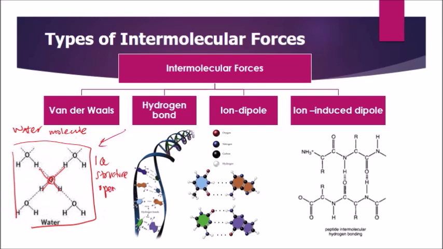Another example: hydrogen bond is also responsible for DNA structure and protein structure. Protein folding in a helix is a consequence of hydrogen bonds.